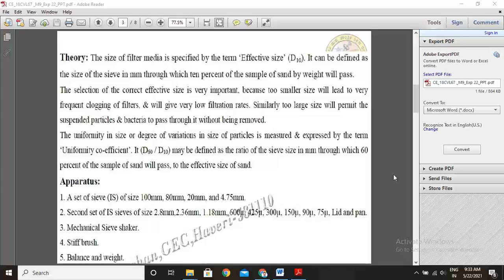And a second set of IS sieves of size 2.8 mm, 2.36 mm, 1.18 mm, 600 micron, 425 micron, 300 micron, 150 micron, 90 micron, 75 micron, lid and pan. Then a mechanical sieve shaker, a stiff brush, and balance and weights are required. So these are the apparatus required to execute this experiment.